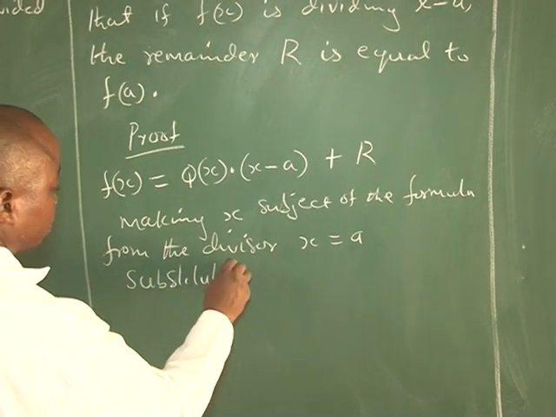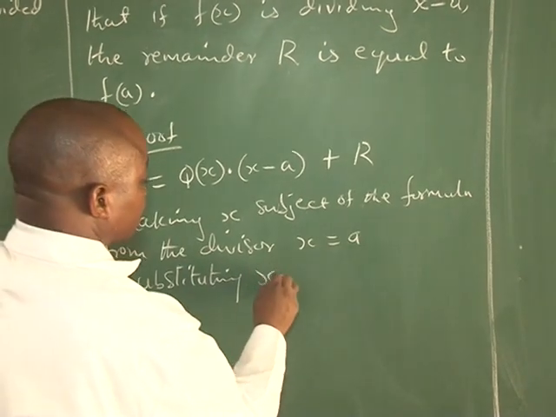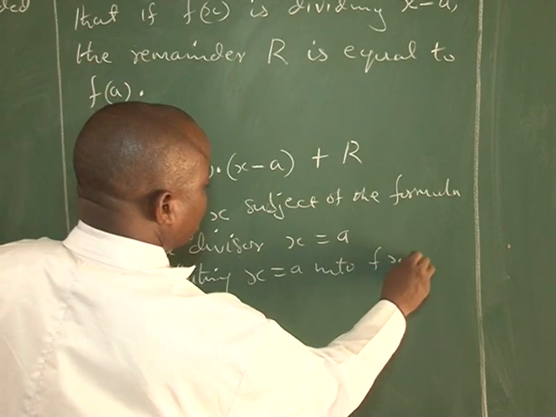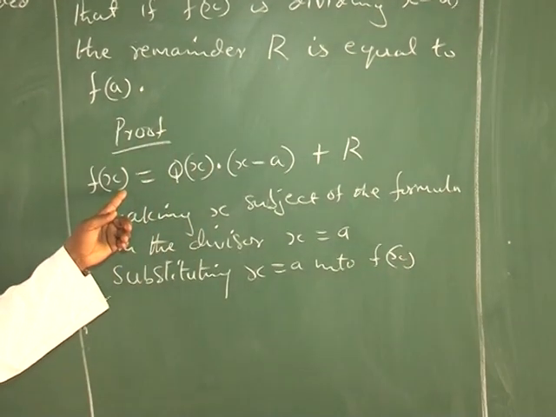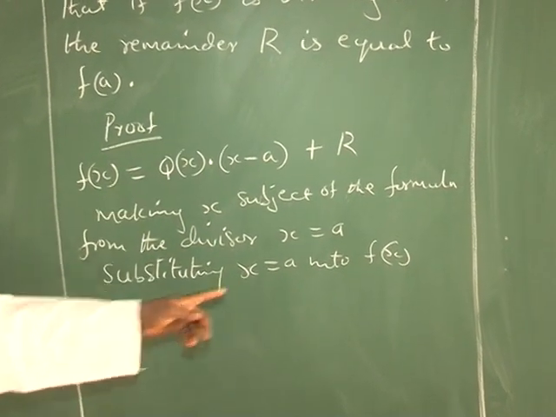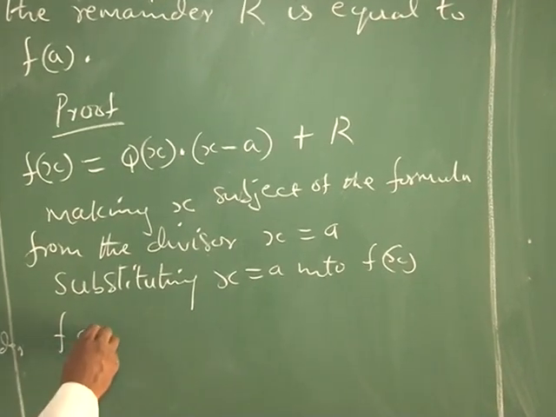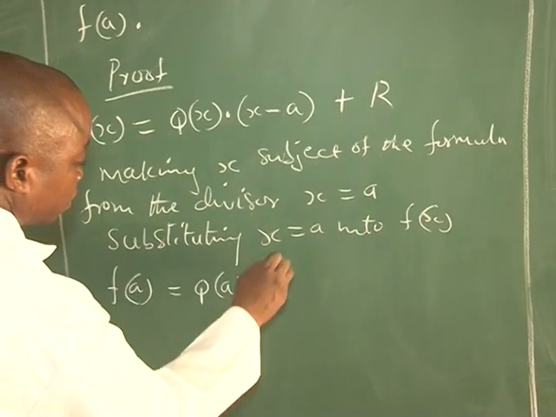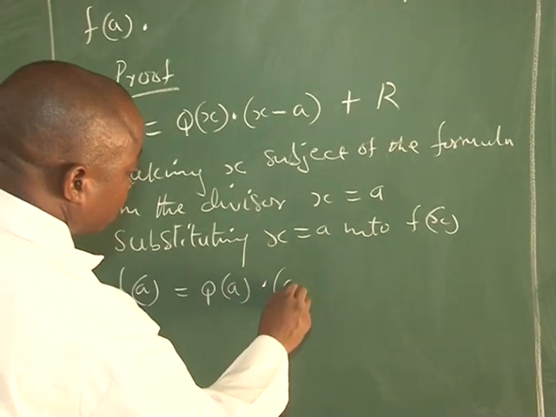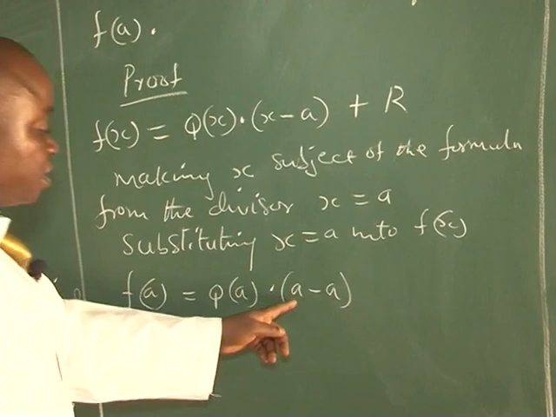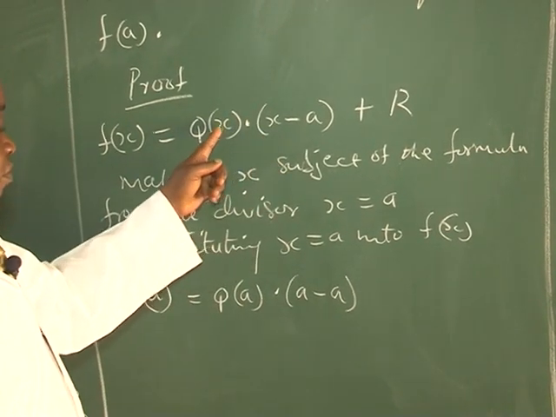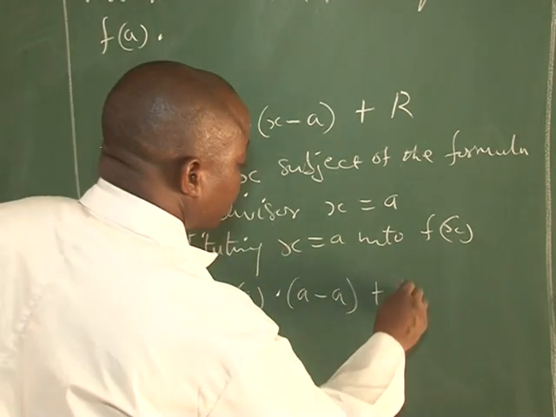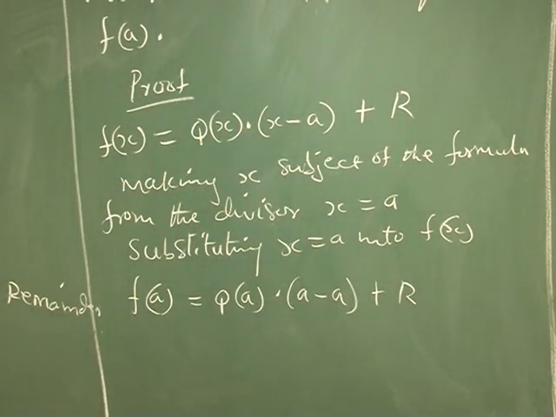Substituting x equal a into f of x. Look at f of x. When we substitute x equal a, we will have f of a equal q of a times a minus a. You know, a is taking the place of x. You know, x is equal a. So, plus r. And what do we see?